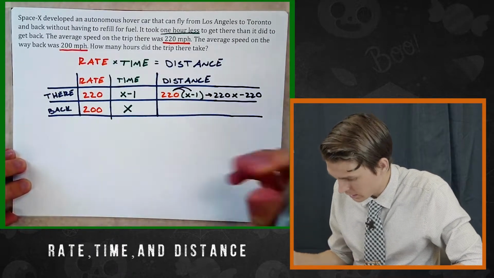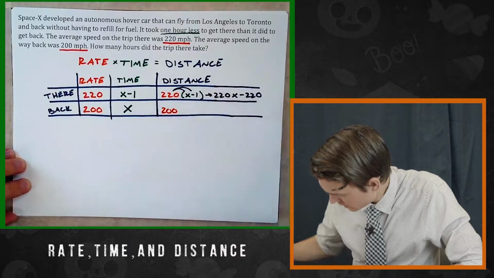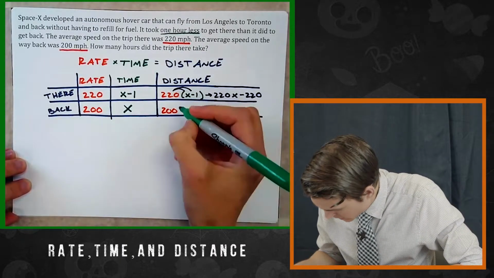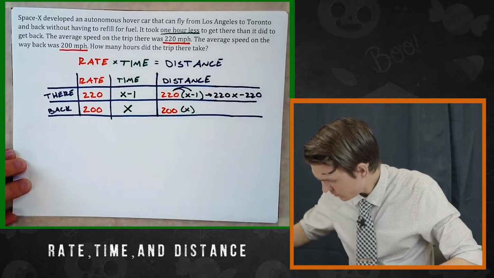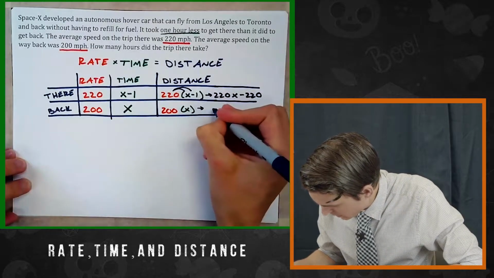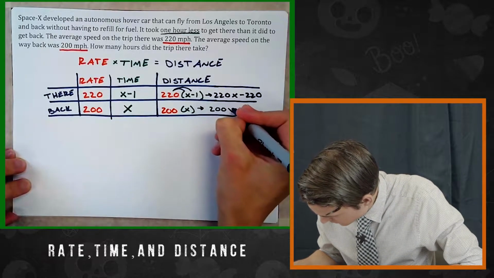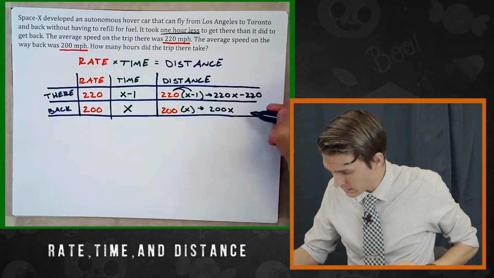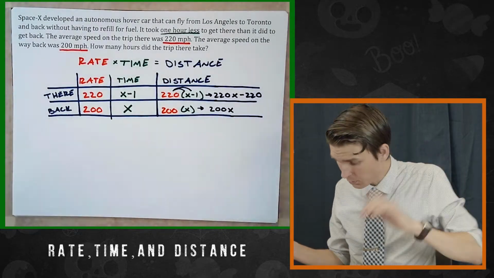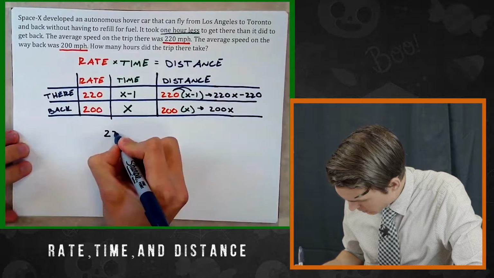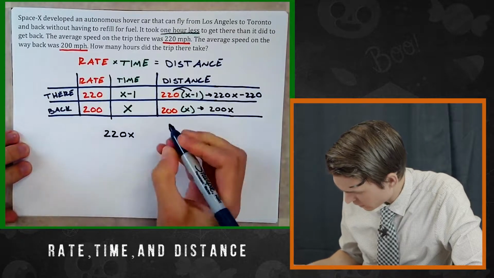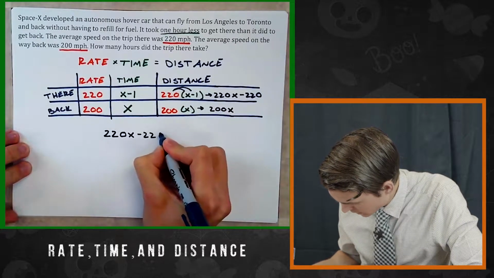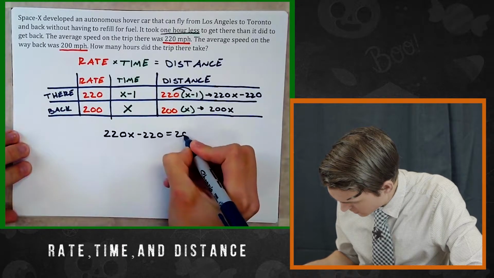And down here, the slower rate times our time. That one's a little bit nicer. It's just 200x. Right? And we said these 2 distances, there and back, should be equal to each other. And that is how we are going to solve for our variable x. And then we'll see what they wanted us to solve for specifically.